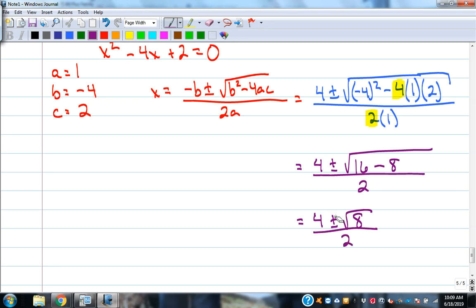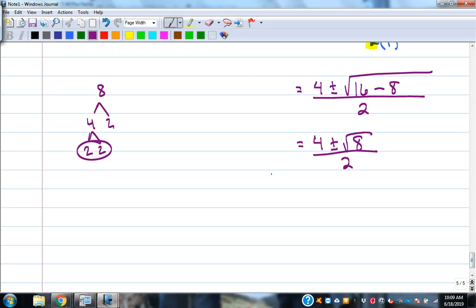And then I can simplify the square root of 8. Remember with the factor tree stuff: 4 and 2, 2 and 2. There's a pair of 2's. So that's going to be 4 plus or minus 2 square root of 2, all divided by 2.